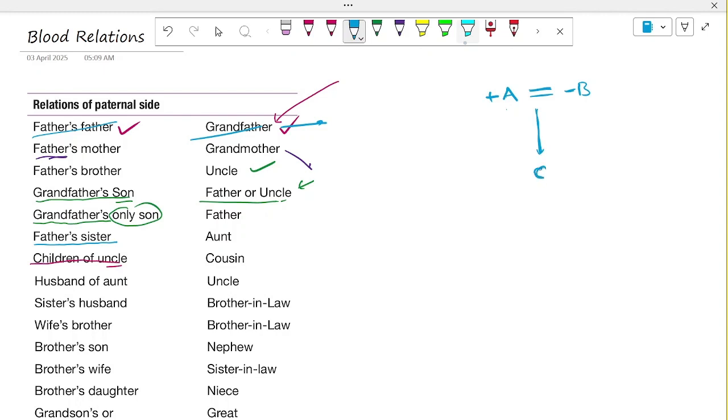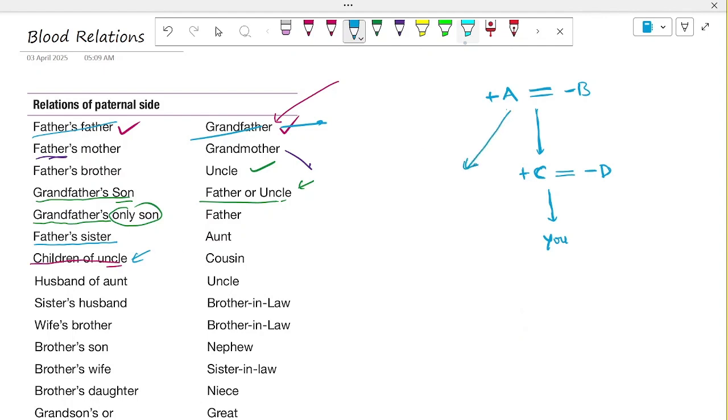Let me write C. He is a son. Then you will have a mother, minus D, and then they will have a child. It is you. Now, if there is one more son to your grandfather, how will you draw it?